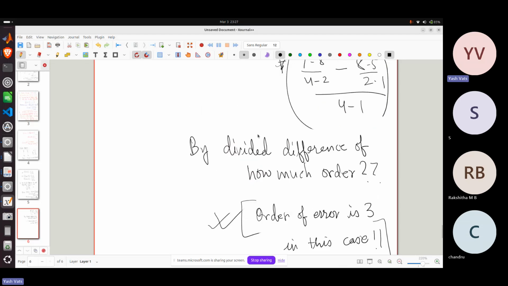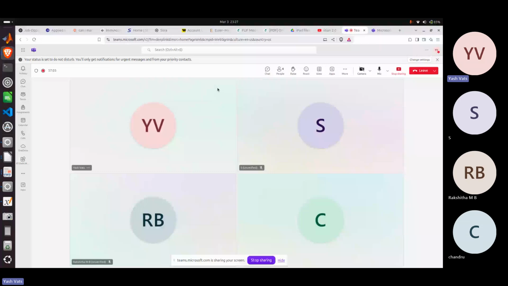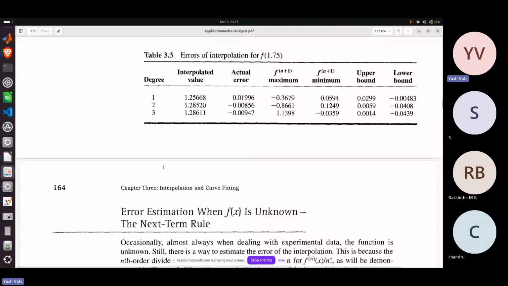So that's called a divided difference of order 3, like this, x0, x1, x2. Is this clear, everyone?